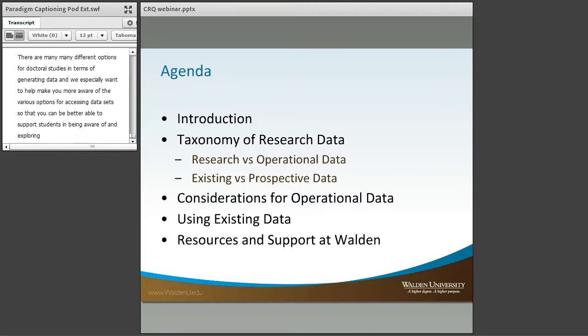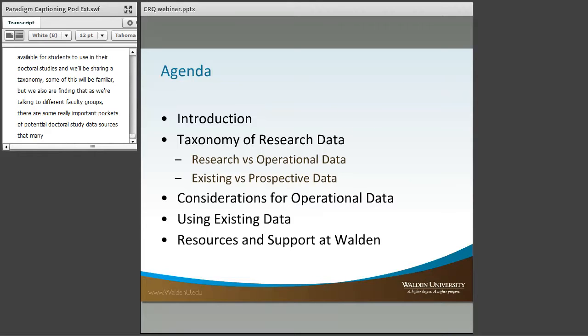So we're going to take a step back in terms of defining what the types of data are that are available for students to use in their doctoral studies, and we'll be sharing a taxonomy. Some of this will be familiar, but as we're talking to different faculty groups, we're finding there are some really important pockets of potential doctoral study data sources that many faculty were not aware of.